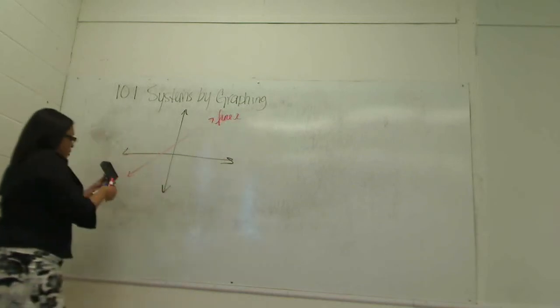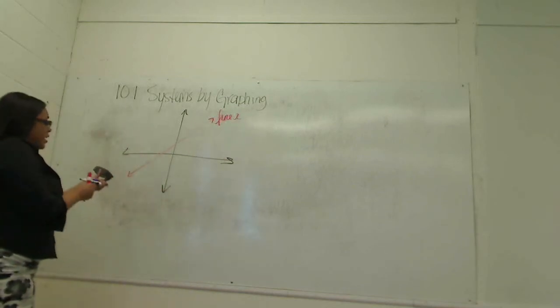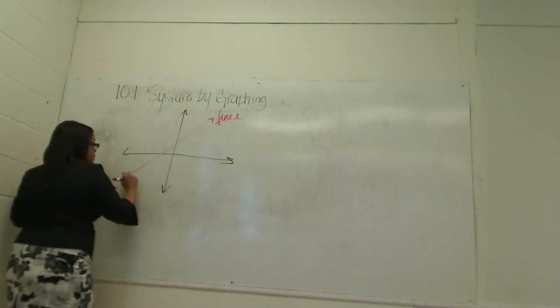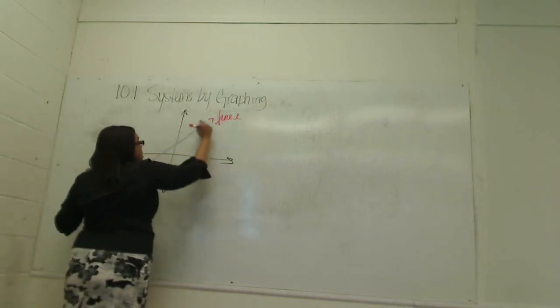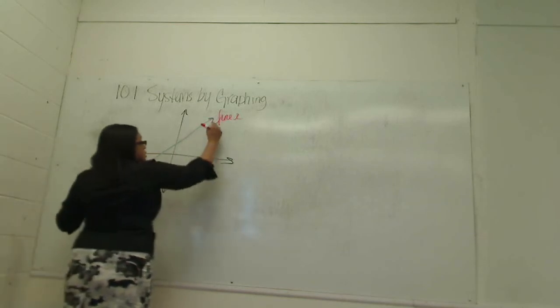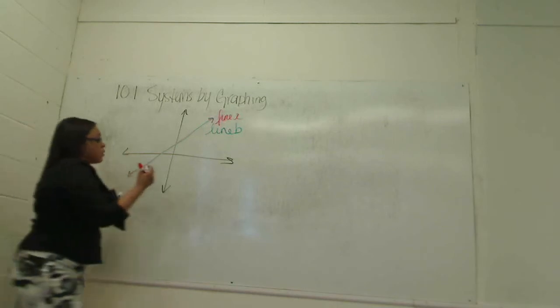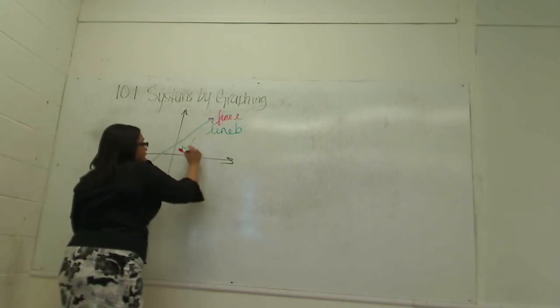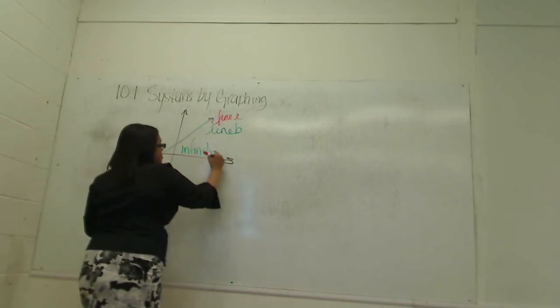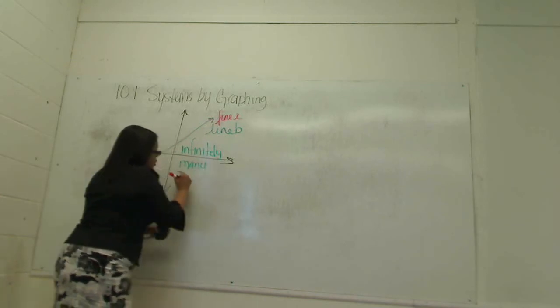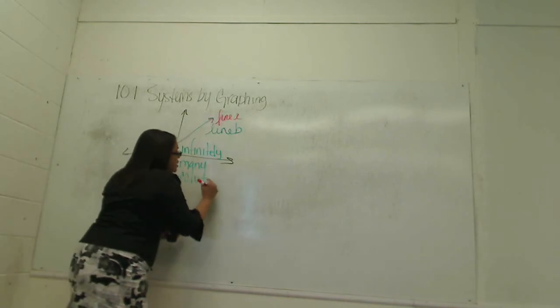I'll call that line A. Well, maybe line B was exactly like line A. When that happens, it is what is called infinitely many solutions. That is infinitely many solutions.